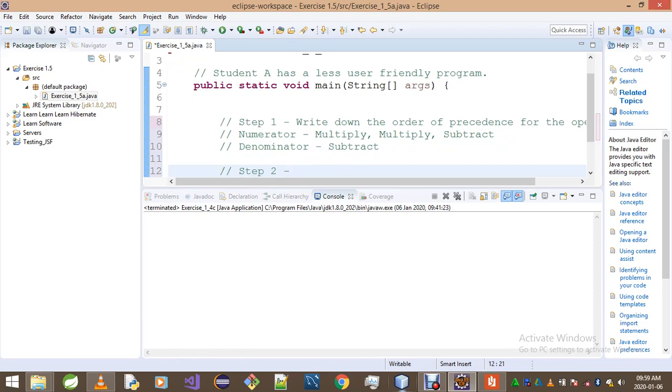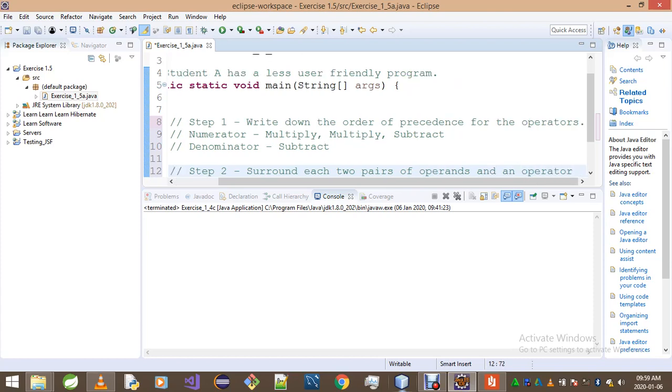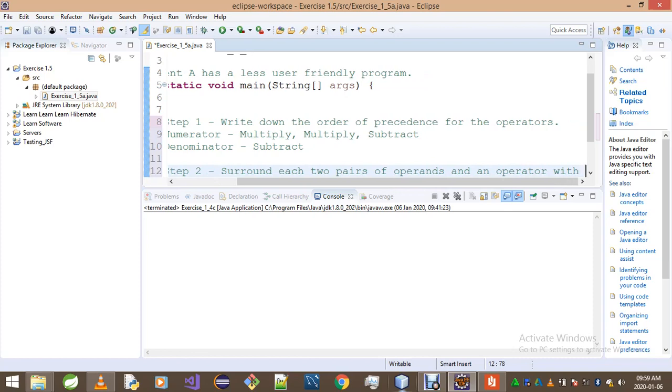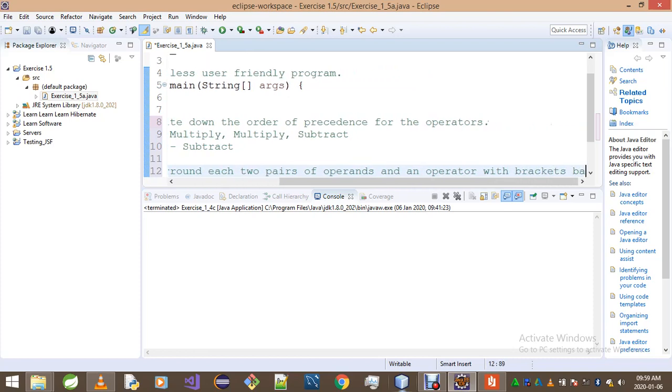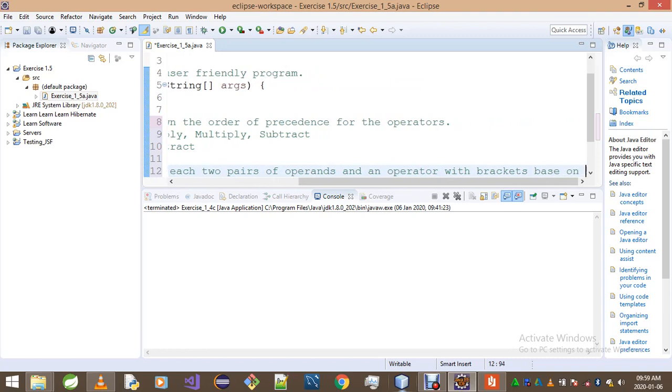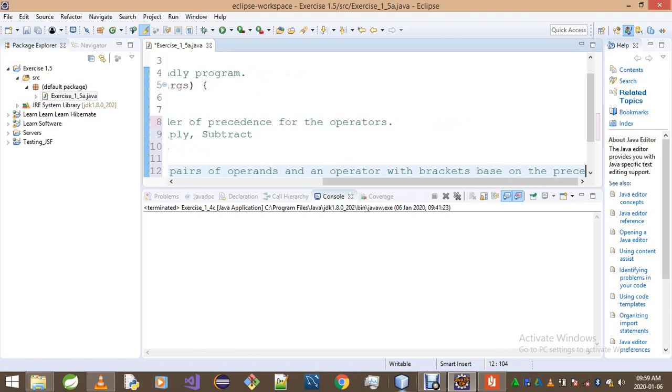Step number two, what you wanna do is surround each pair of operands and an operator with brackets based on the precedence.